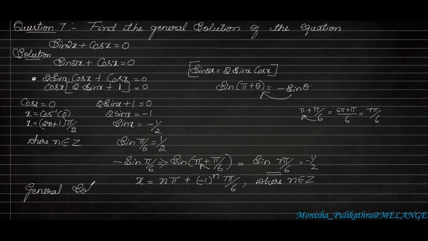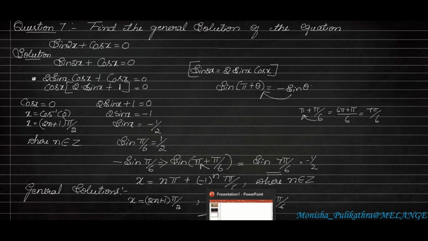One is x is equal to 2n plus 1 into pi by 2, and another one is x is equal to n pi plus minus 1 to the power of n into 7 pi by 6. So these are the general solutions.